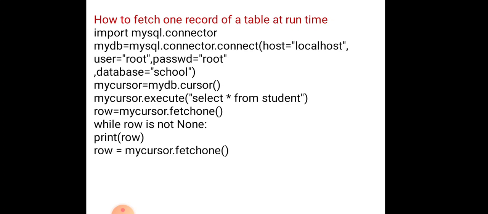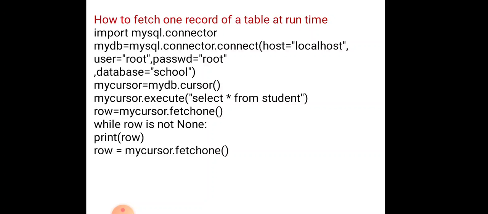After that we want to display data, so we use a loop here: while row is not None, print row, and then row equals myCursor.fetchone. It means now we are fetching the next row.